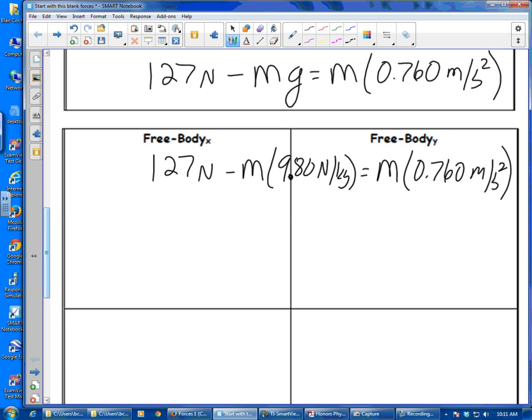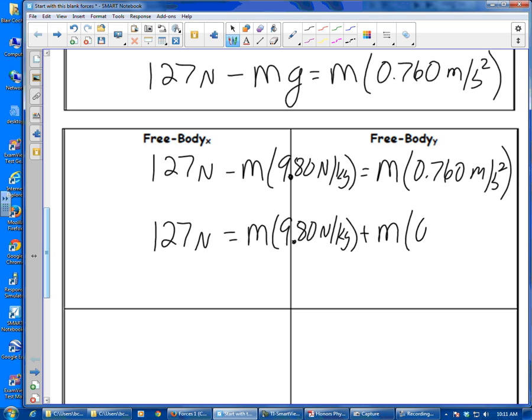So I'd want to get those on the same side. And so I'm going to rewrite this as 127 newtons equals m times 9.80 newtons per kilogram plus m times 0.760 meters per second squared. And now I'm going to factor out my m's.